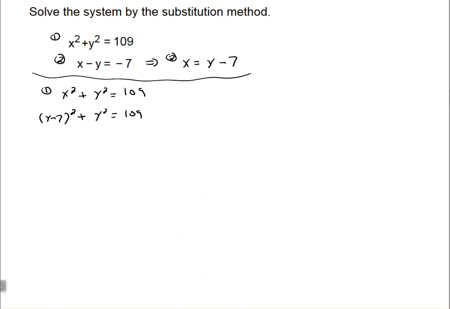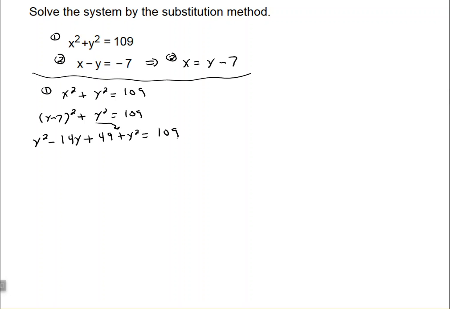Then from here, we want to multiply (y minus 7) squared out. Binomial squared. So first term squared, y squared, minus 2 times 7 times y, plus 7 squared, which is 49. And then don't forget the plus y squared equals 109.